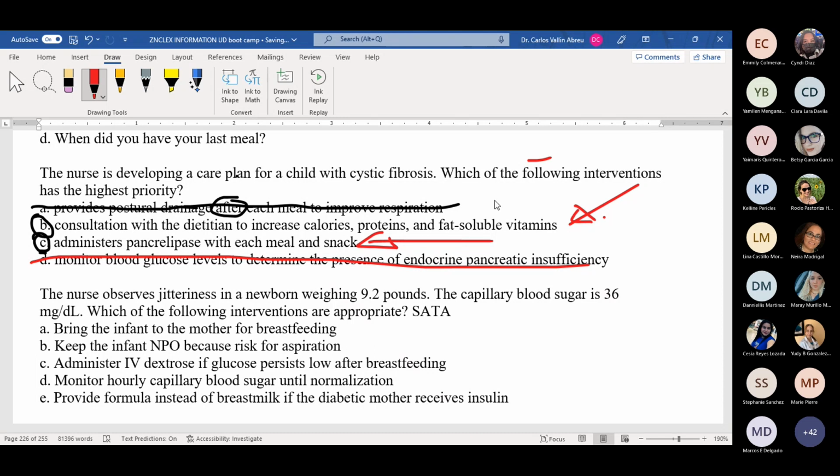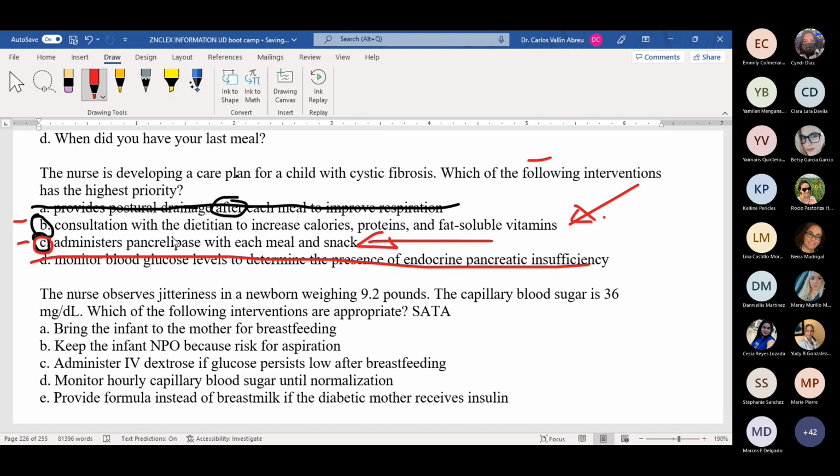So now, is it still a discussion between B and C, or is there an agreement? I think it's C. If you give all those proteins and nutrients and they are not digested and end in the toilet, they are not going to be beneficial at all.